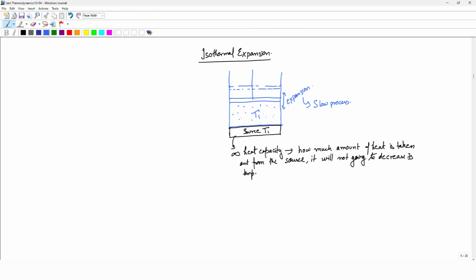So this is isothermal expansion, from P1 V1 to P2 V2, but T1 remains T1 because it is isothermal.